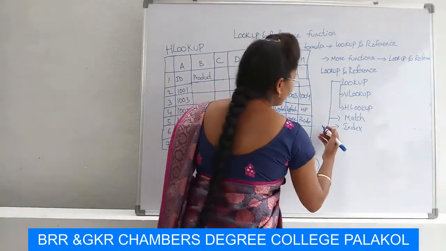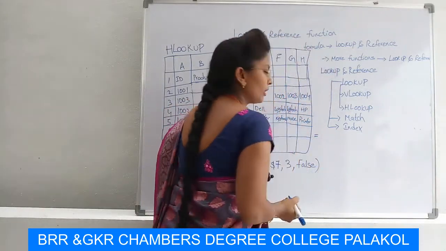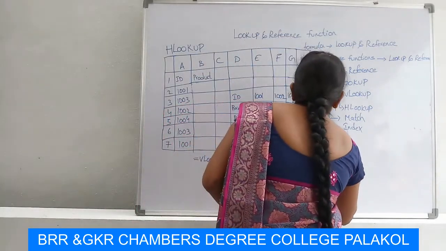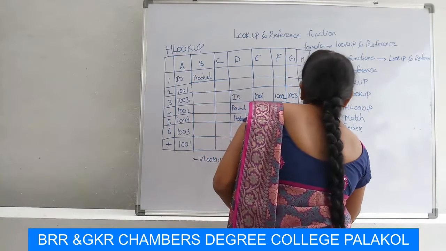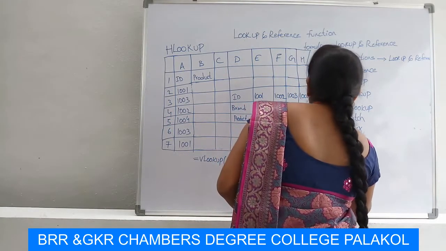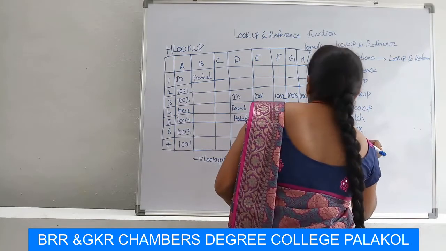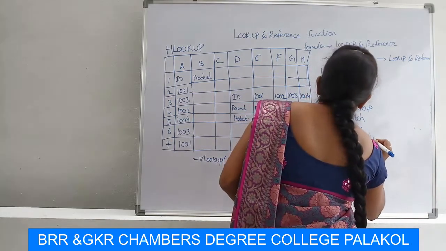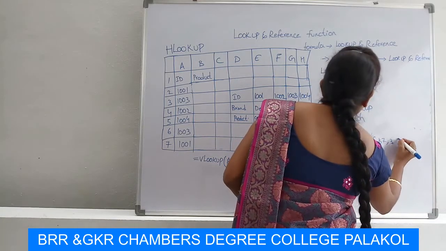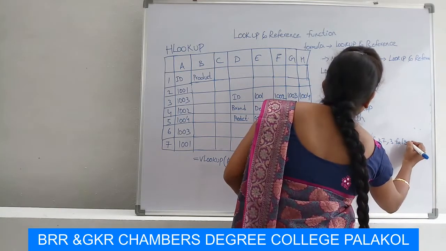I have to enter the formula for the HLOOKUP. For reference, I am writing the VLOOKUP formula on the right side. VLOOKUP A2 comma $D$4 colon $F$7 comma 3 comma false.